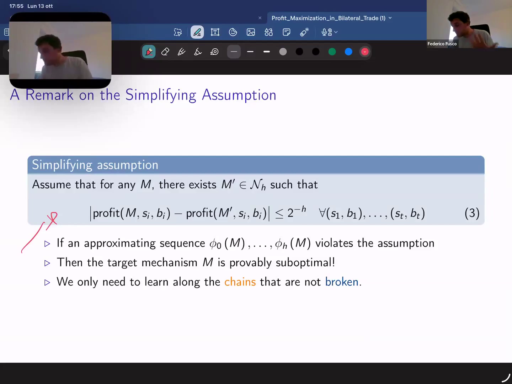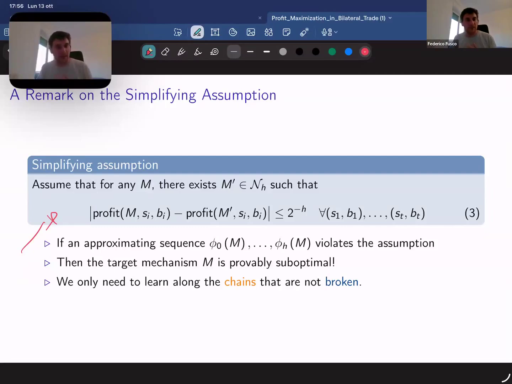So what this tells me is that we get the square root t result, but this is not a PAC learning bound that tells me that with, I don't know, 1 over epsilon square samples I get an epsilon estimate of all the epsilon simple mechanisms.